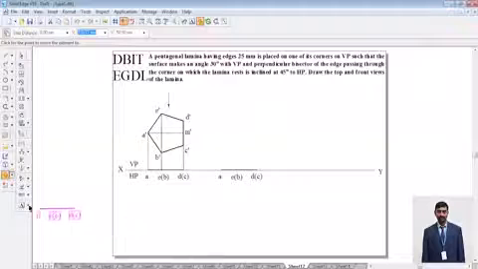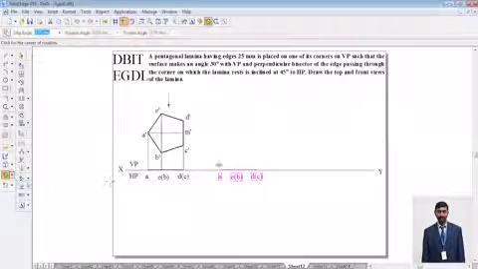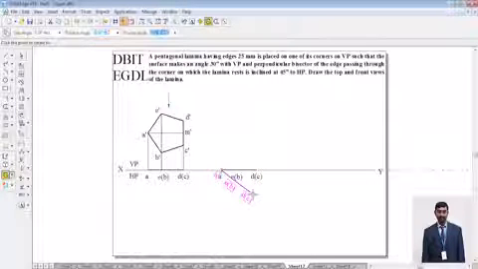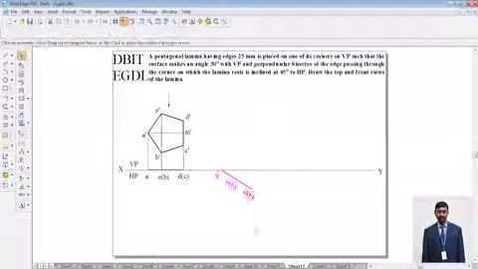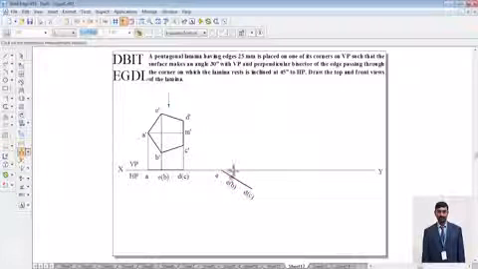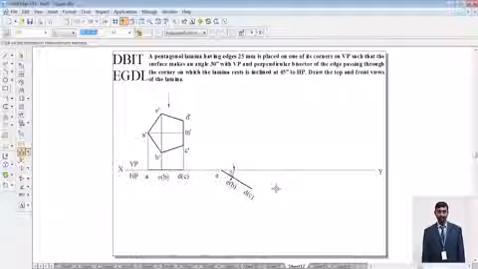Place this directly, come to rotate. So A and DC, with this, what is the inclination? I'm going to give it as 30. So this will be inclined at an angle of 30 degrees.